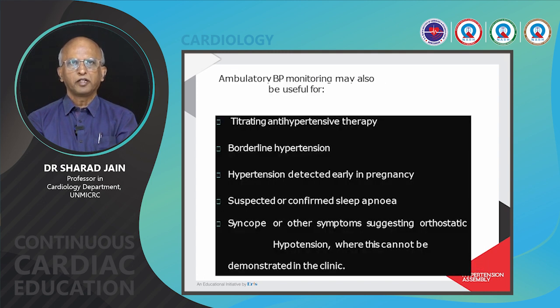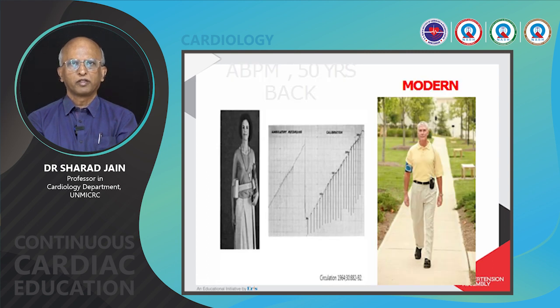Then in titrating the antihypertensive therapy; patients with borderline hypertension; hypertension detected early in pregnancy; suspected or confirmed sleep apnea patients; syncope or other symptoms suggesting orthostatic hypotension, where this cannot be demonstrated in the clinic. So, if you see 50 years back, the ABPM instrument was very cumbersome and very heavy, but now in modern practice it is very simple.